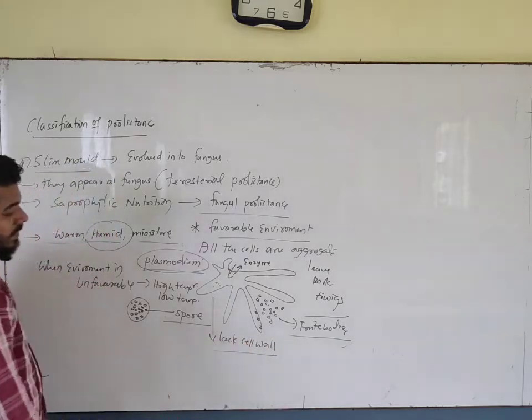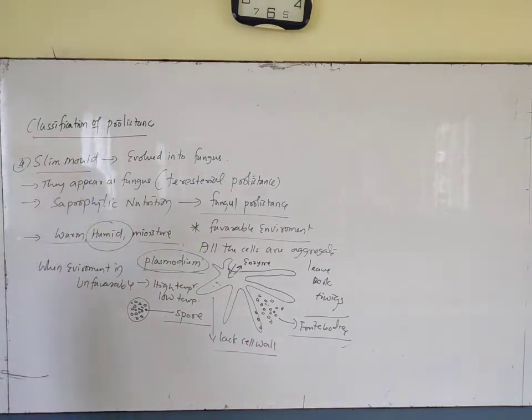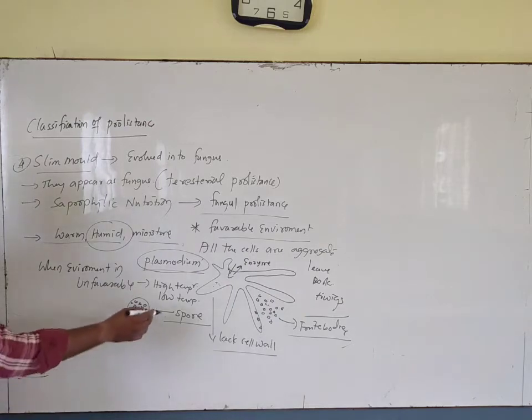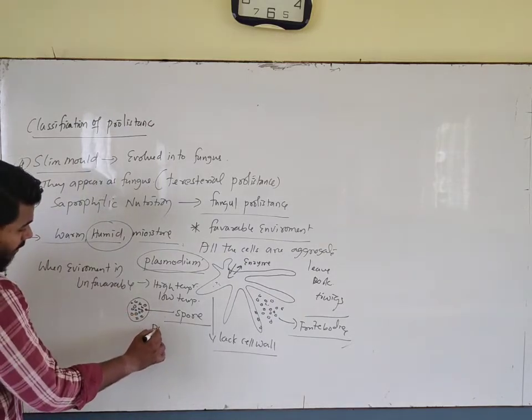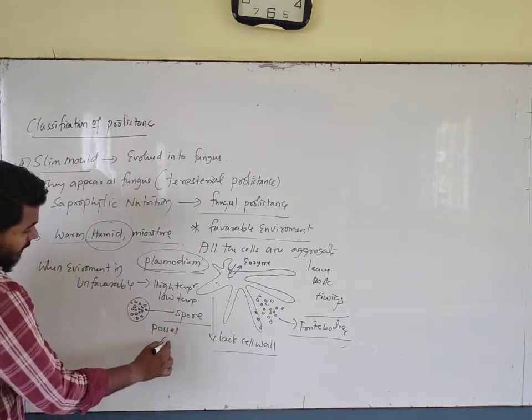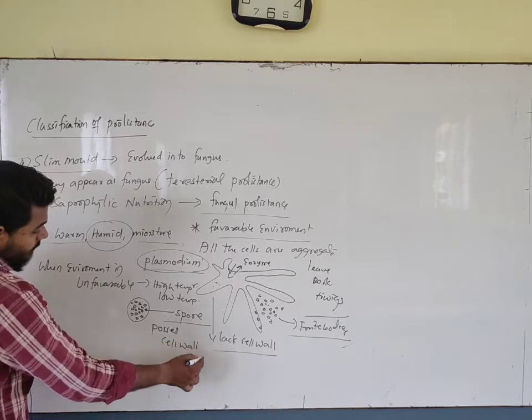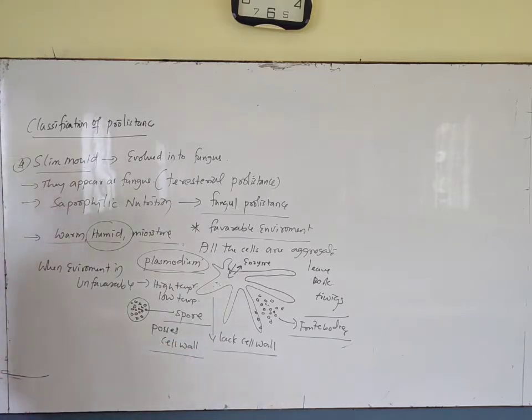In slime molds' plasmodium form there is no cell wall, but in spores they possess a cell wall.